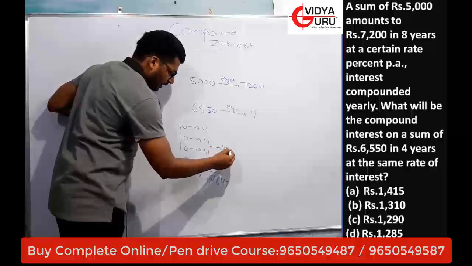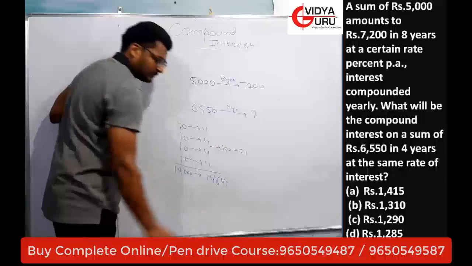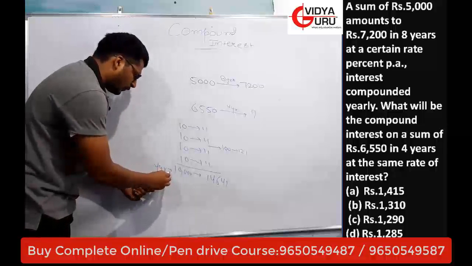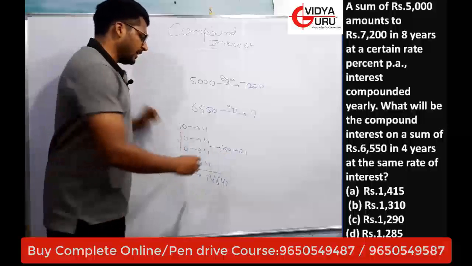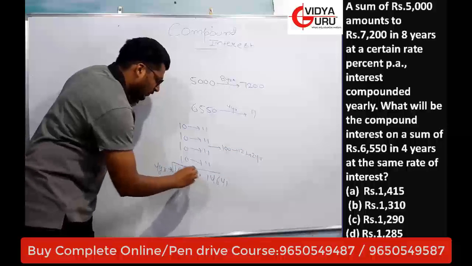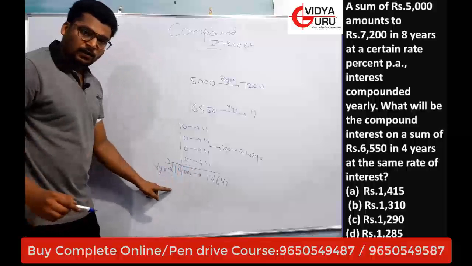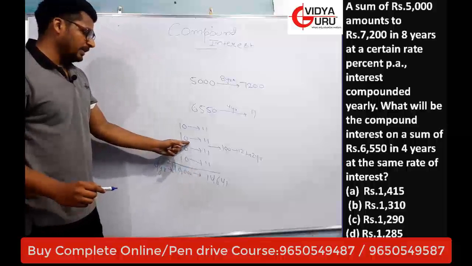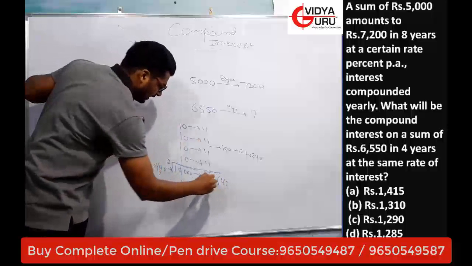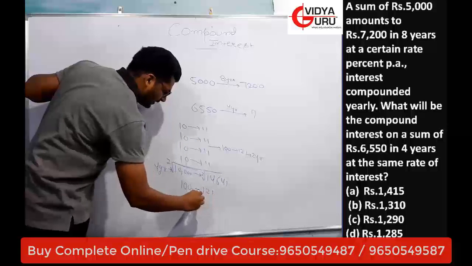It would become 100 to 121. If I want to reach from 4 years to 2 years, then I can take its square root. If I take its square root, then from 4 it will reach 2. It will be 100 and 120.